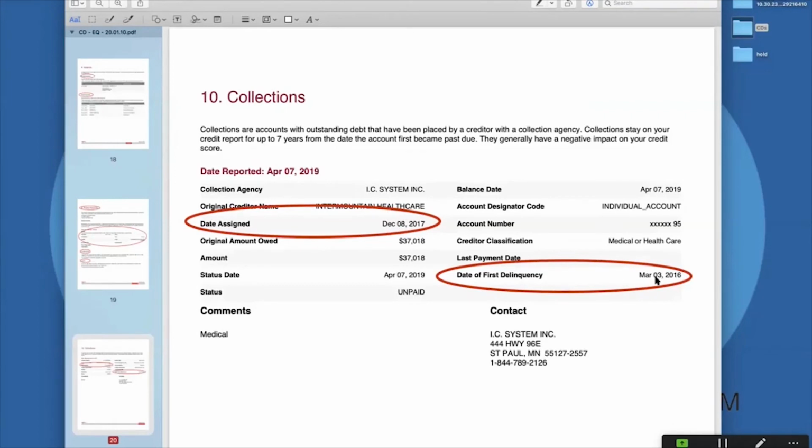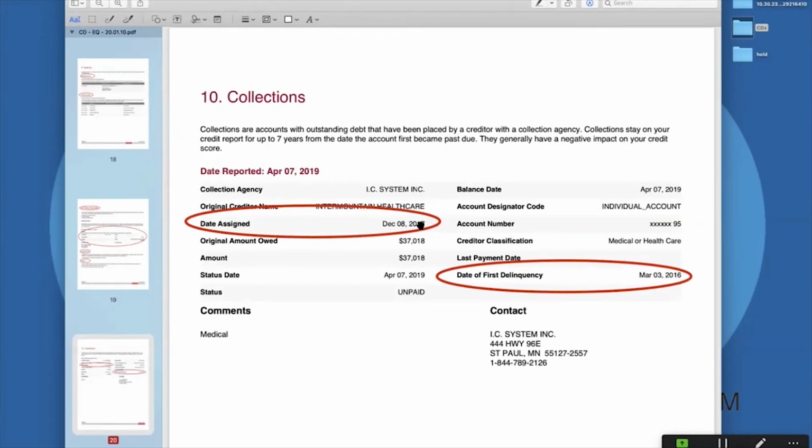The first delinquency at Intermountain Healthcare was in March of 16. Then it got assigned to a collection agency on December 8th, 2017. That's literally 21 months later.